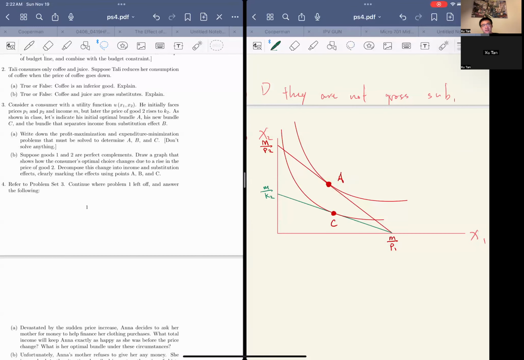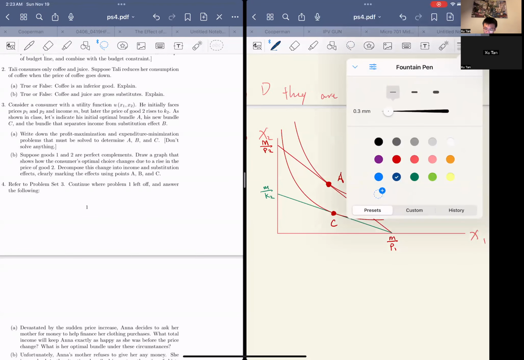In the first scenario, I can afford bundle A. Suddenly the price increases for good 2 and I can no longer afford bundle A; I can afford bundle C. So if I were to have the same utility as before with my current price ratio of good 1 and good 2, that's how we find the substitution effect.